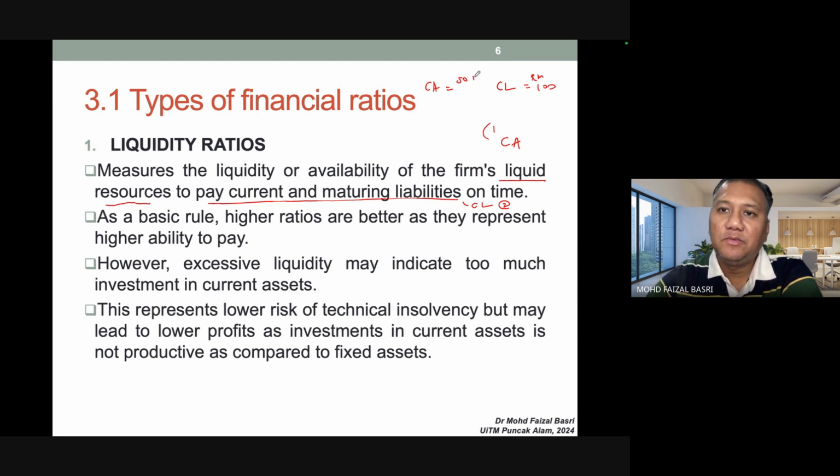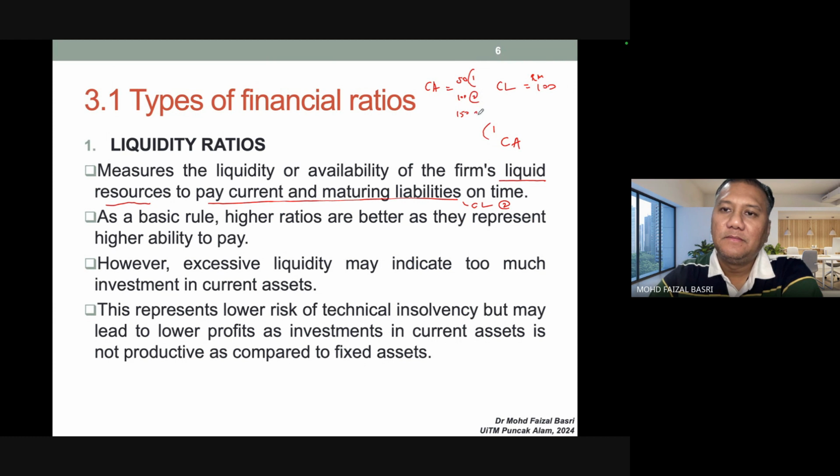So this is scenario number 1. Or you can have scenario number 2: you have exactly RM100. You have a debt to pay within a year of RM100 and you have the exact RM100. You don't have any excess, so this is also considered not good. Less than RM100 is not good, and exactly RM100 is also not good. Then there is another scenario, maybe you have RM150.